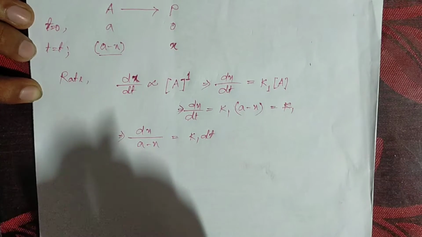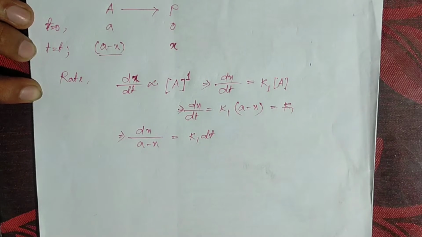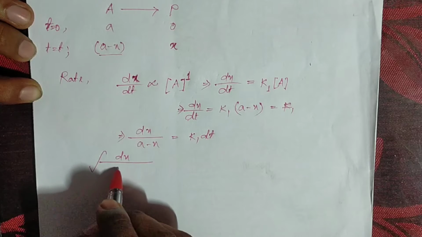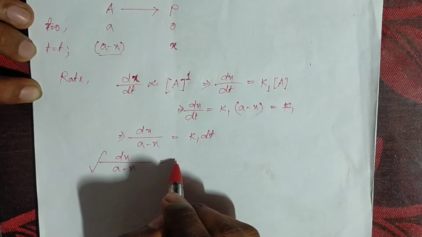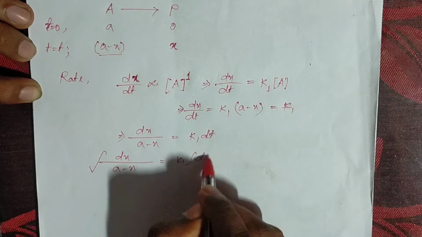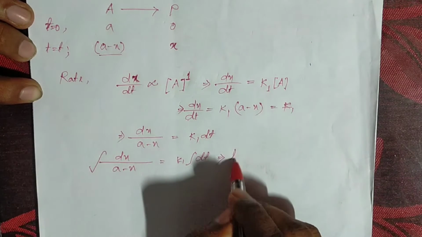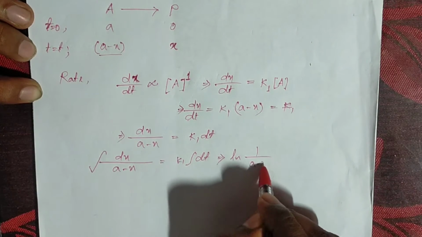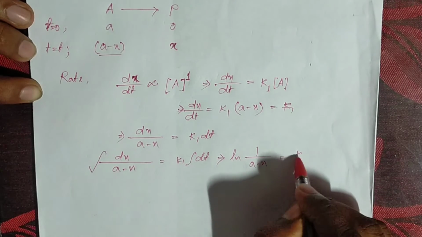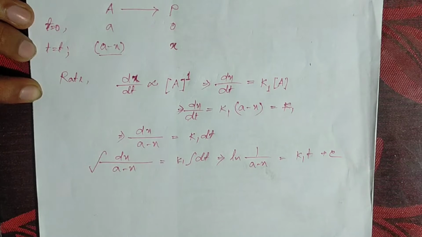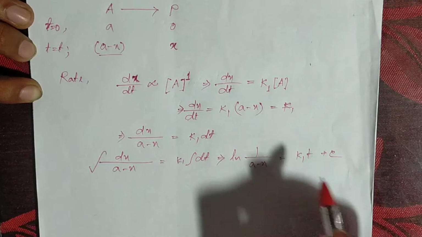When we integrate this equation, we get minus ln of a minus x is equal to k1 t plus c, where c is the integration constant.